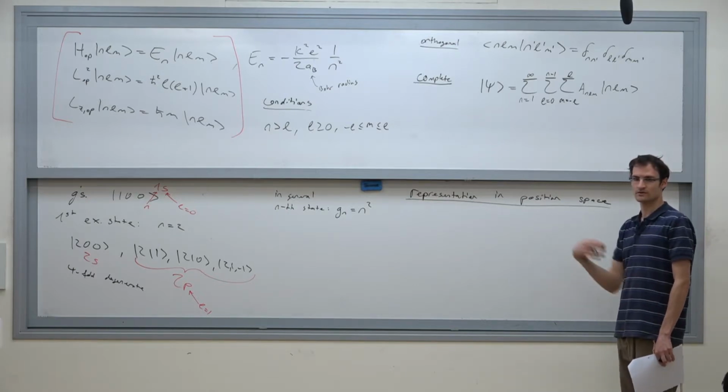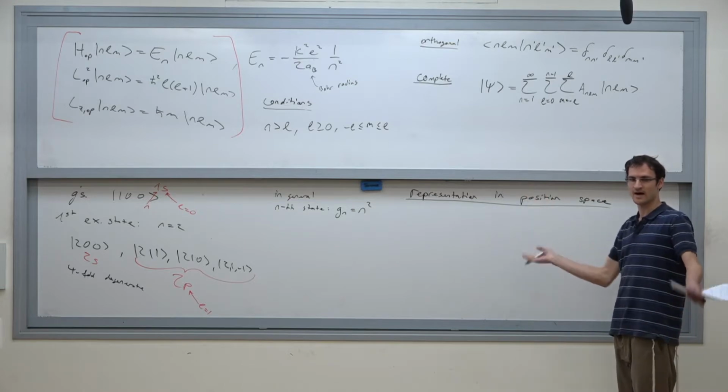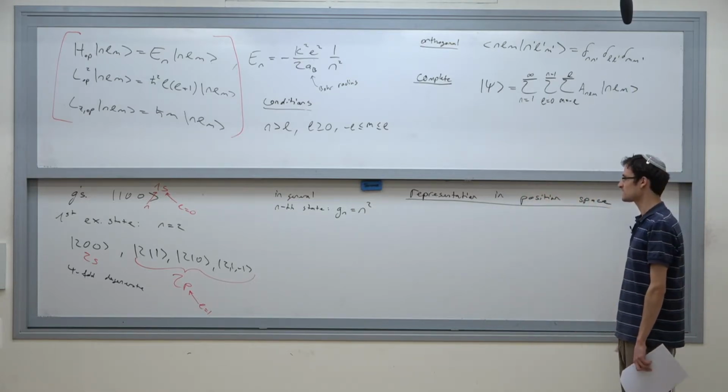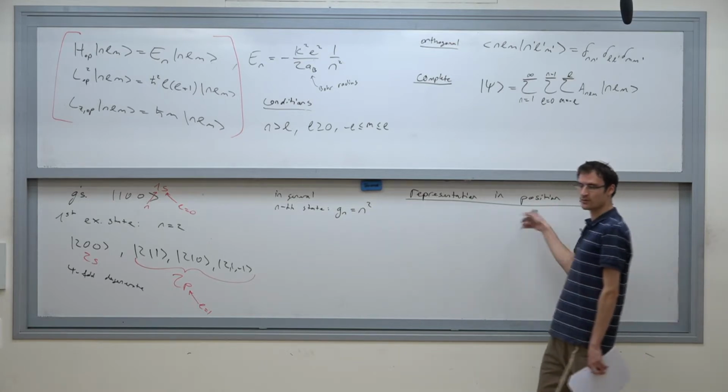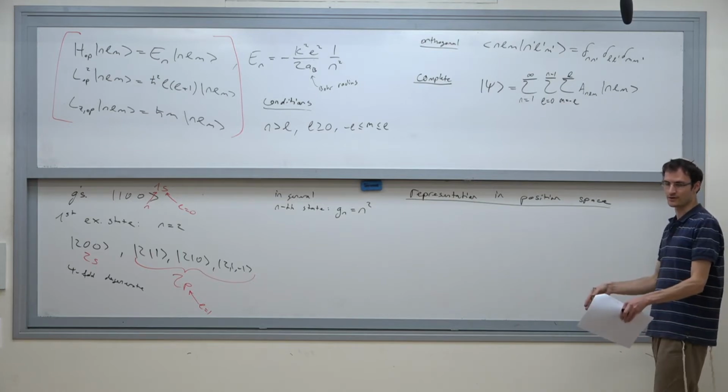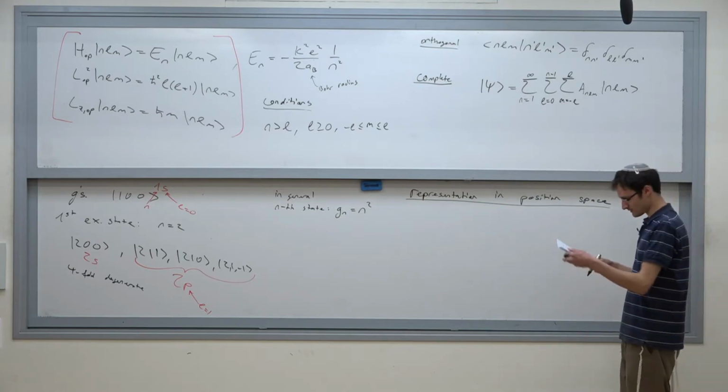Will it be closer to the nucleus, further away? Will it be in the upper hemisphere or in the lower hemisphere? In order to calculate probabilities like this, we have to find the representation of the wave function in position space and then take the absolute value squared. Right? That's why this is important.